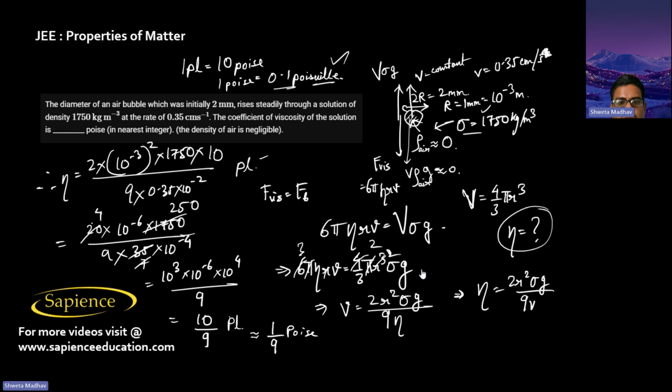So here 1 by 9 is coming. The diameter is 2 millimeter.